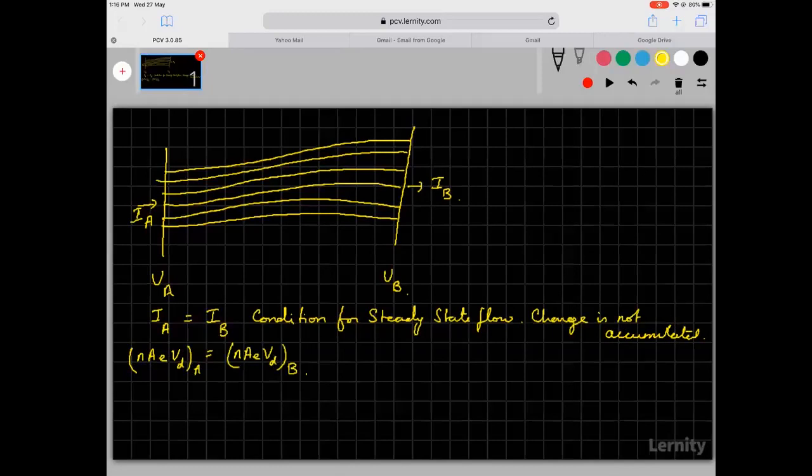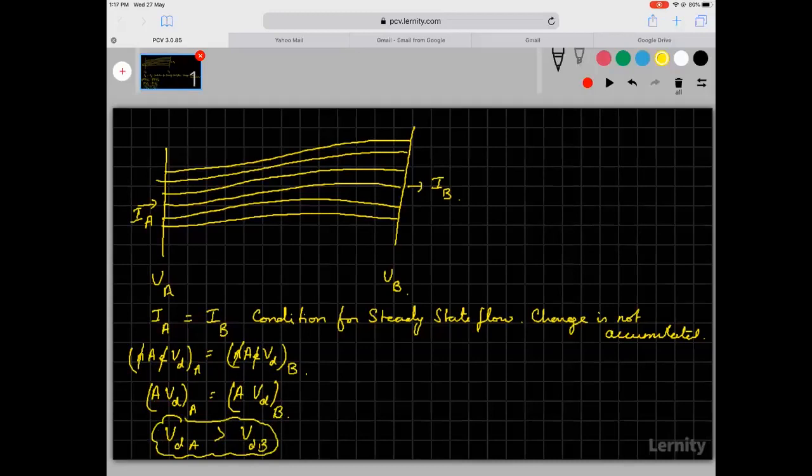That means n is a constant for a given material, and e is a universal constant. So area into vd at A is equal to area into vd at B. So vdA is greater than vdB, because here the width is greater.